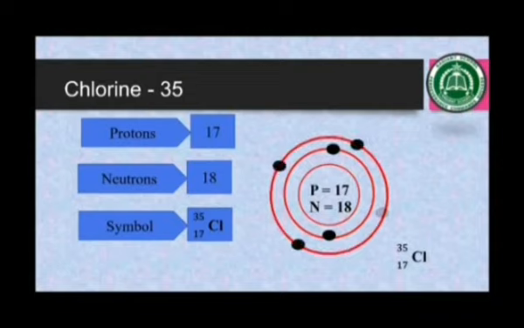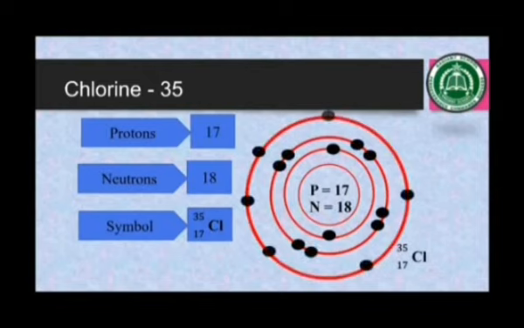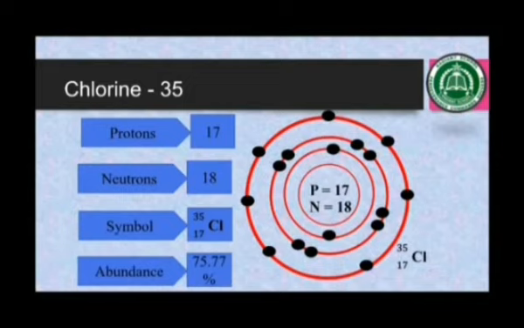So in different shells, 17 electrons must be there. Okay, now it is a complete structure of chlorine 35. The natural abundance of chlorine 35 is 75.77%.